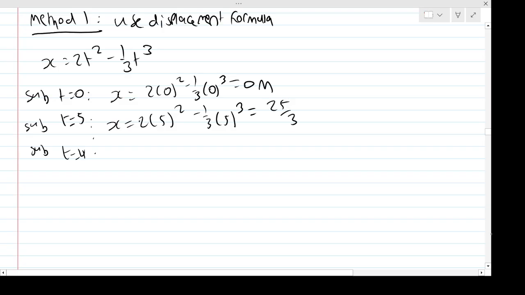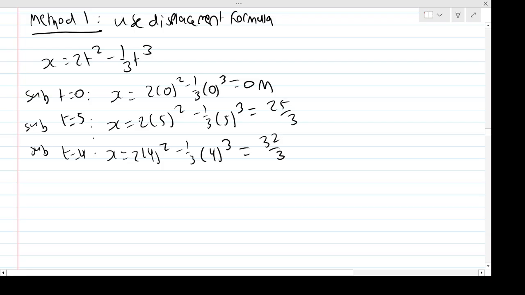Then when t is 4, x is going to be 2 lots of 4 squared minus a third lots of 4 cubed, and so I get 32 over 3 there.